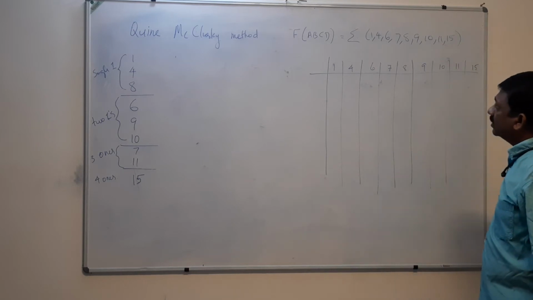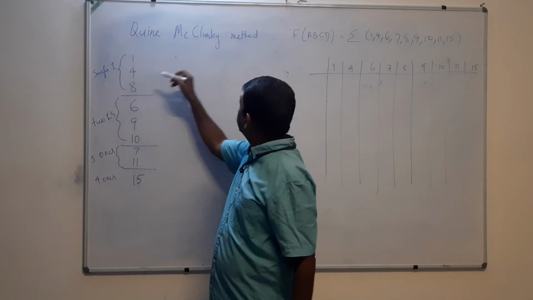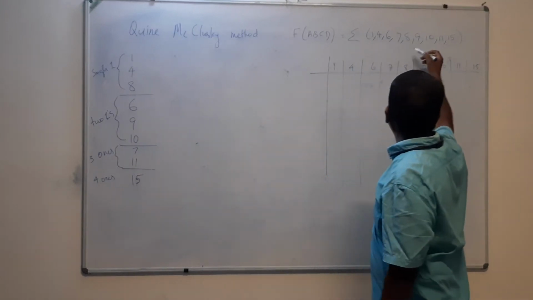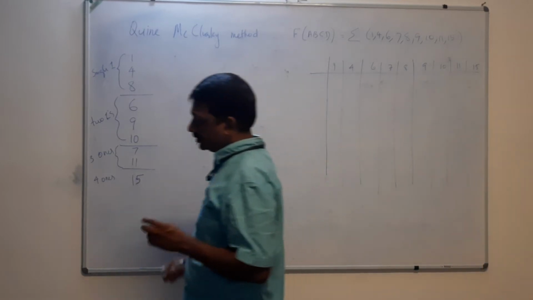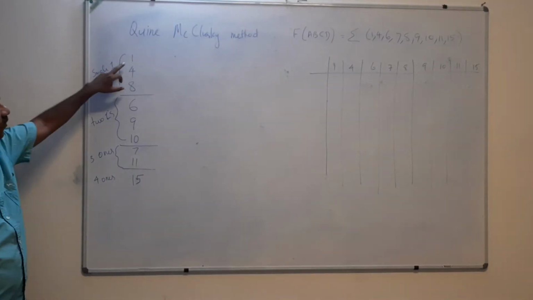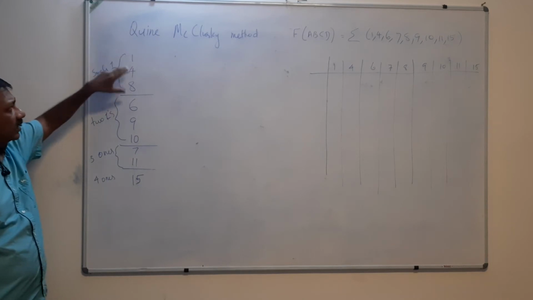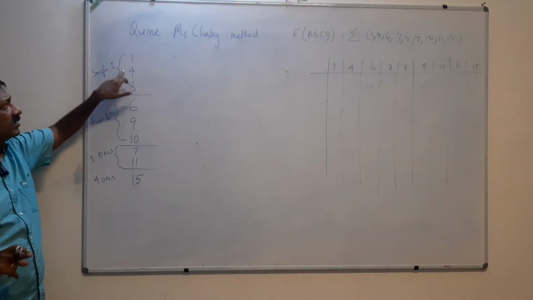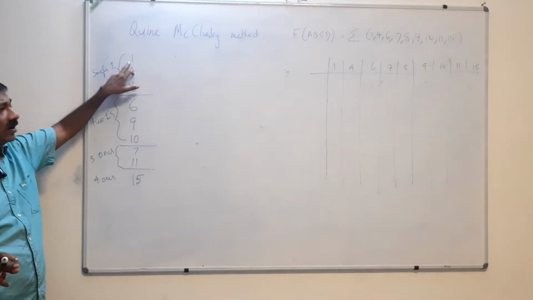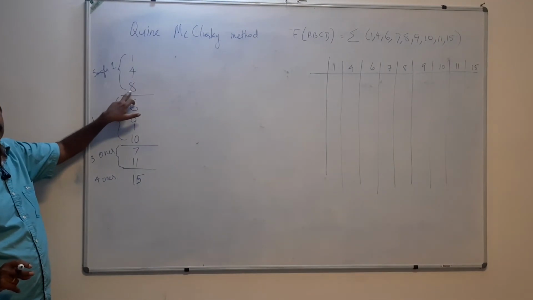For that, what I am going to do is group these terms 1, 4, 6, 7, 8, 9, 10 and so on. 1, 4 and 8, if converted to binary, have a single one in them. The code for 1 is 0 0 0 1, for 4 it is 0 1 0 0, and for 8 it is 1 0 0 0.